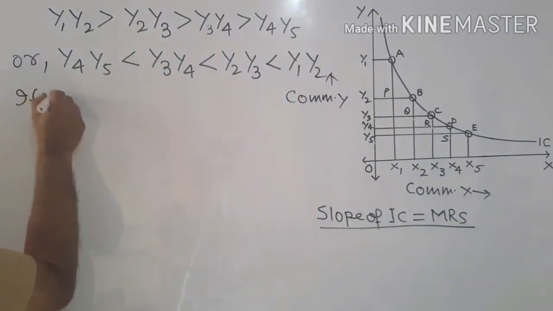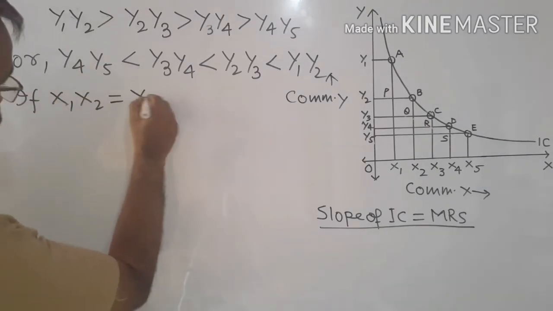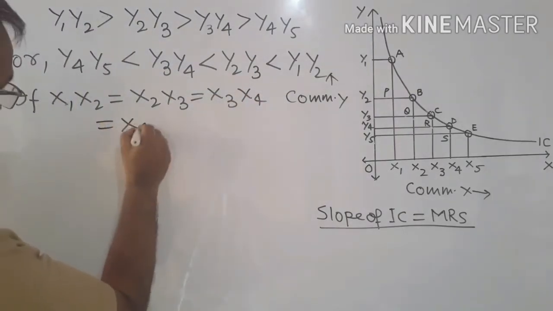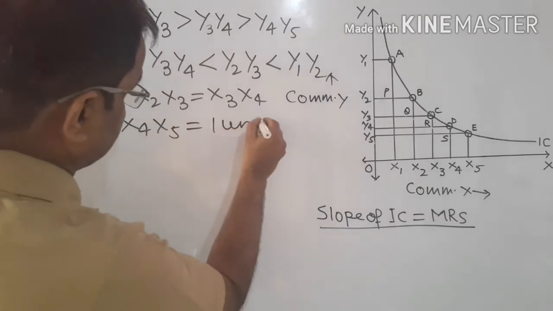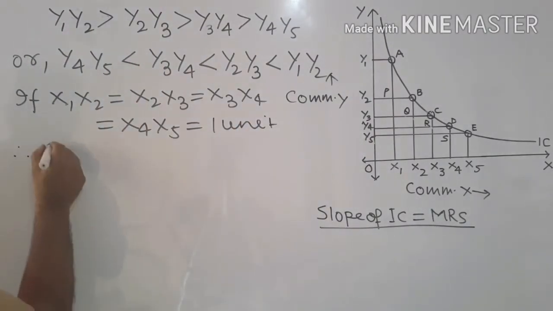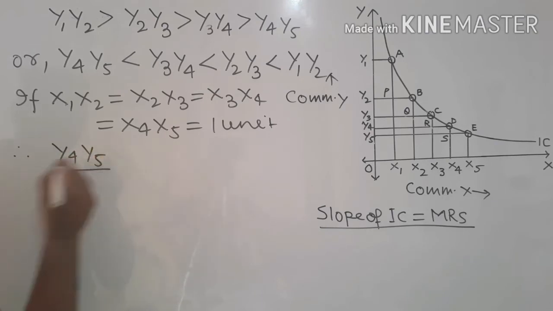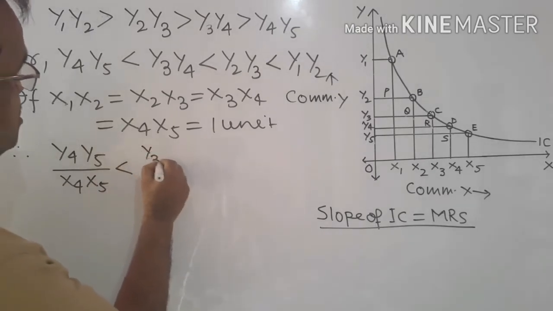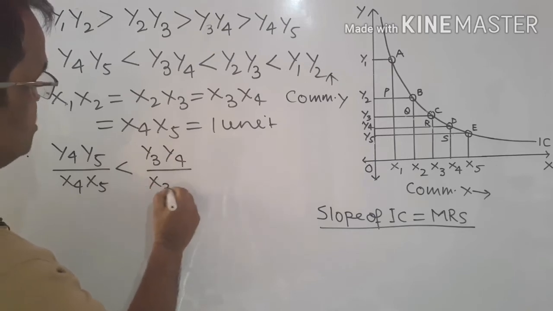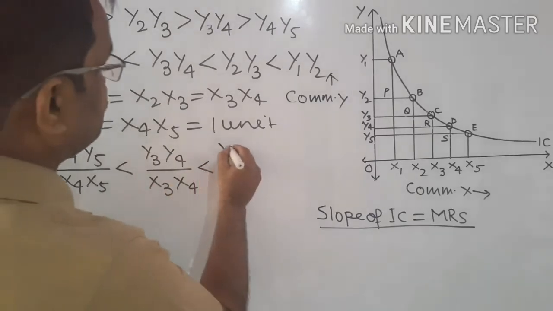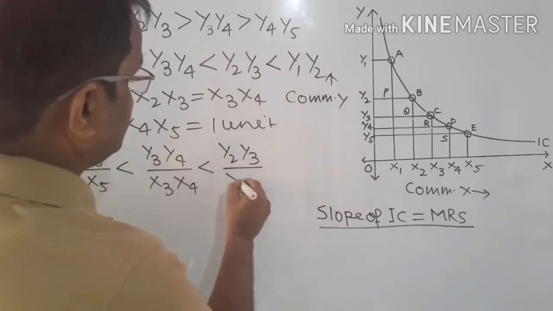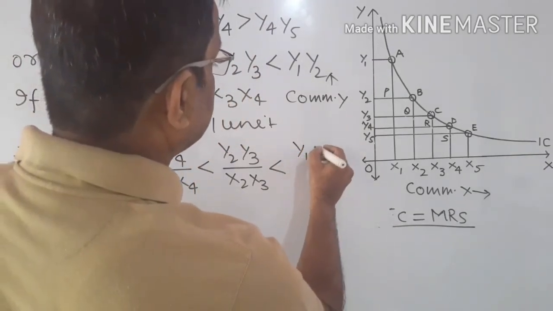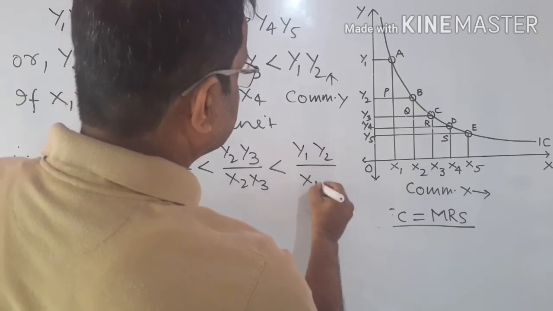And if X1, X2 is equal to X2, X3, equal to X3, X4, equal to X4, X5, and that is equal to 1 unit, then we can say that Y4, Y5 by X4, X5 is less than Y3, Y4 by X3, X4, is less than Y2, Y3 by X2, X3, and is less than Y1, Y2 by X1, X2.